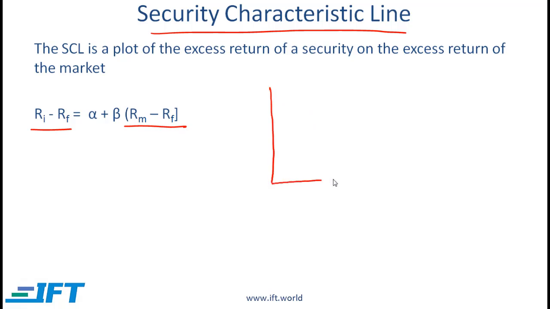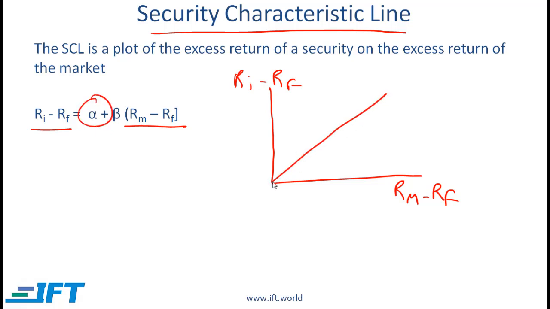If you think of the plot, you have excess return of the market on the x-axis, excess return of the security on the y-axis. Alpha is the intercept. Expected value would be 0. Beta is the slope of this line. I don't think this is overly testable, but nevertheless it is in the curriculum, so you need to know what I have described on this slide.